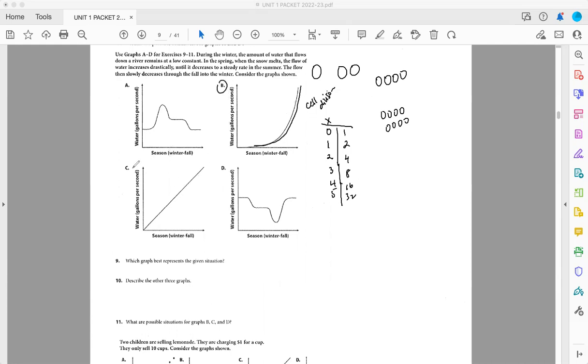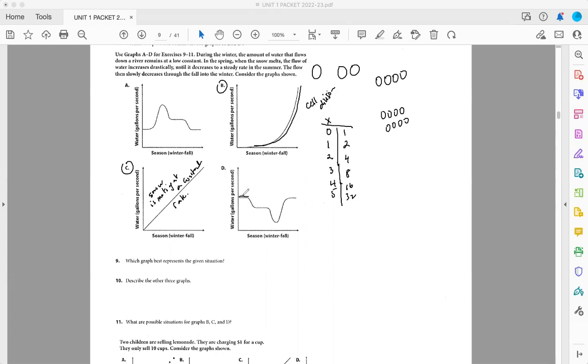For part C, here you can say ice is melting, or snow is melting at a constant rate. You can say that because the numbers don't change. And then for D, we described that earlier, right?